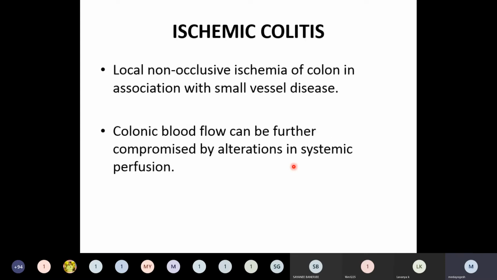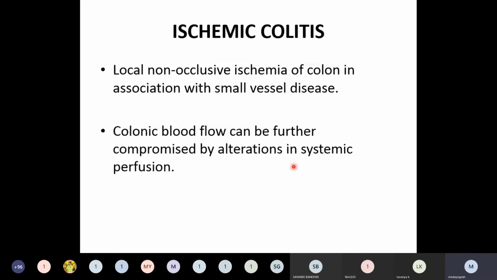Next, moving on to ischemic colitis. This is again an important condition which we usually encounter in elderly patients who have some comorbidities and are admitted in critical care units for the management of other comorbidities or other acute conditions.